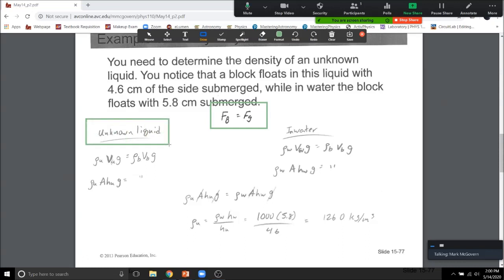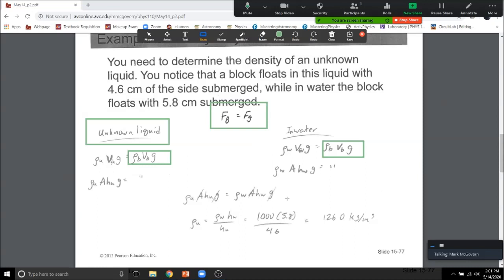So for our unknown liquid, we have the density of the unknown liquid times the volume of the unknown liquid that is submerged, times g. On the right-hand side we have the density of our block times the volume of the block, the whole thing above and below. We do the same for water. The right-hand sides are the same, because it's the same block, so we can equate the left-hand sides.